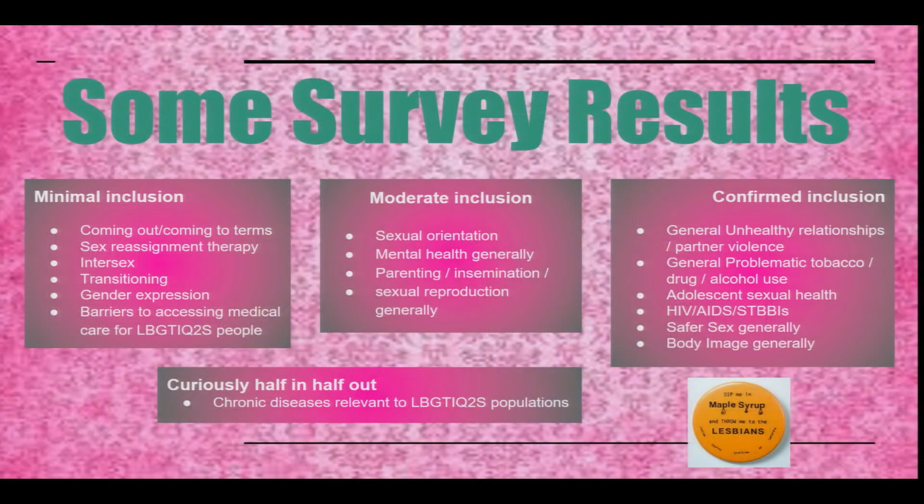The curriculum they were teaching was often left up to the instructor, and they didn't really consider the policy approach. So from the actual survey results, which was a small portion of the whole project so far, minimal inclusion was stuff that was probably not in the curriculum or might be there a bit.